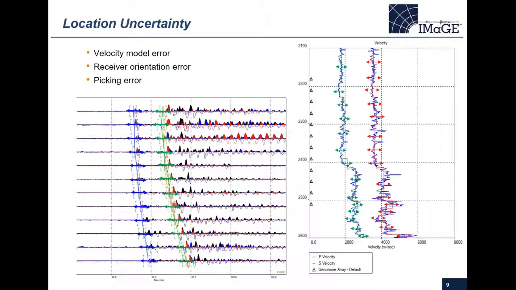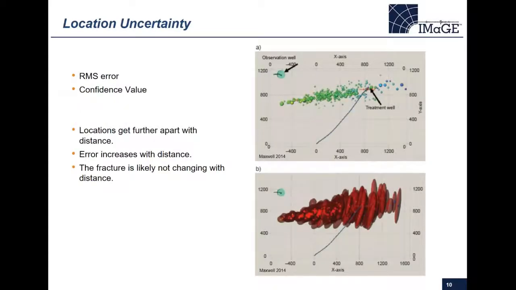Some are going to be small, associated with the difference in the exact onset of the wave. Some could be larger if you misidentified a phase and other such problems. And this location error, this uncertainty, is going to cause us problems in our data set.